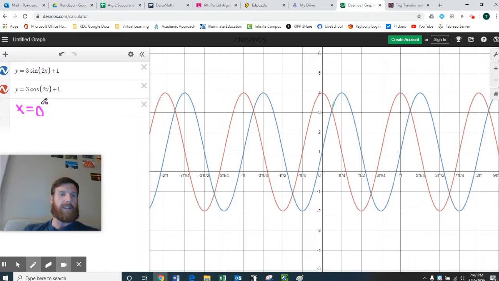So if I take x equals 0 and plug it in right here, then cosine of 0 is 1. 1 times 3 is 3. 3 plus 1 is 4. So when x equals 0, y equals 4. That is why it starts at the maximum, because the biggest that the cosine part can ever be is 1. That happens when x equals 0.